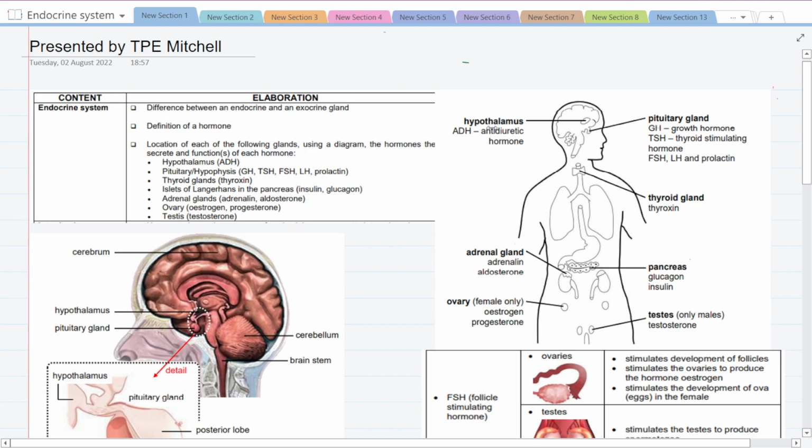Now in this case, you should remember that the hypothalamus secretes a hormone called ADH, or the antidiuretic hormone. And this antidiuretic hormone, you must remember that it is responsible for water balance.